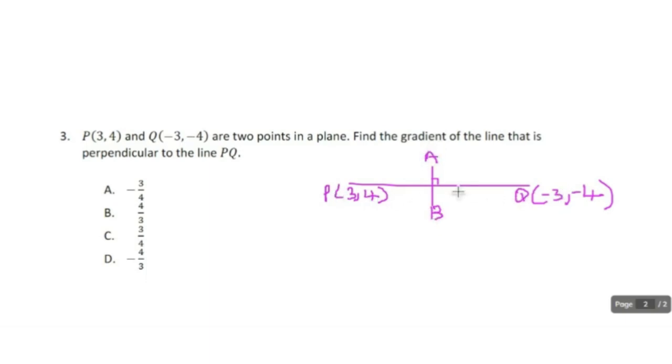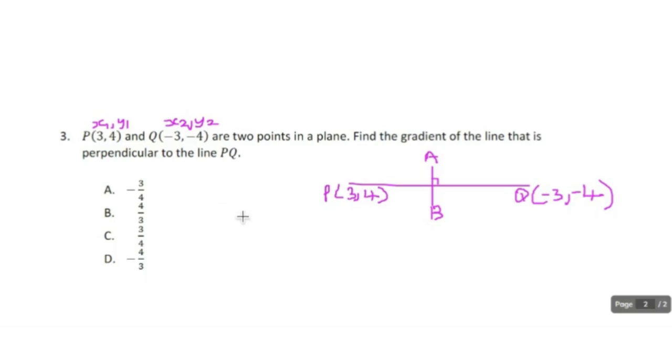So how do we obtain the gradient of the second line AB? Now, let's denote this x1, y1. Here, let's denote this x2, y2, respectively.